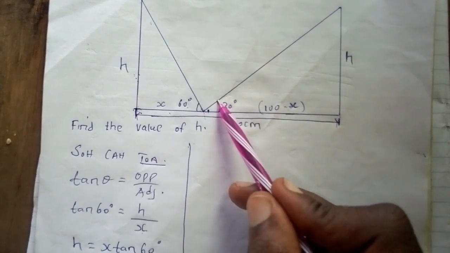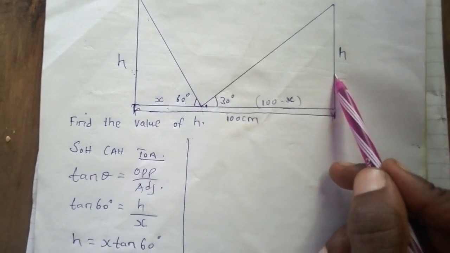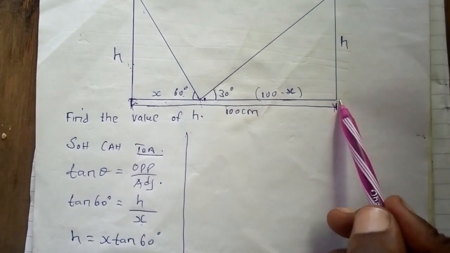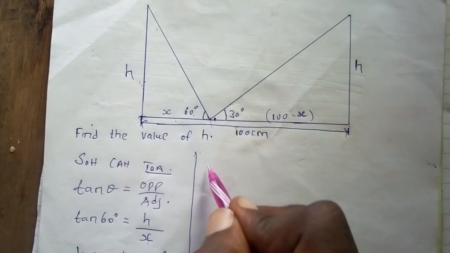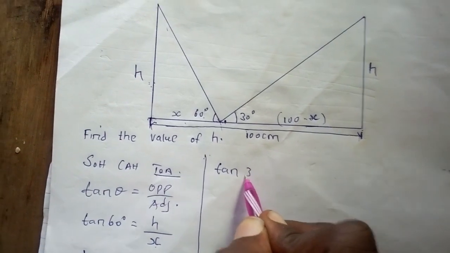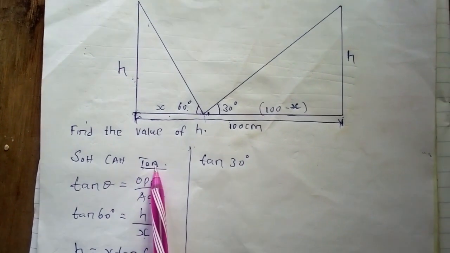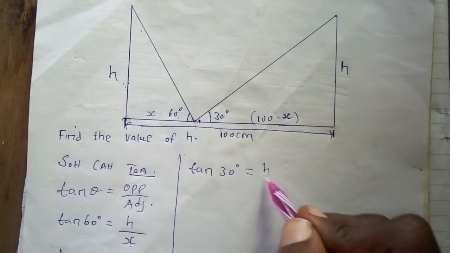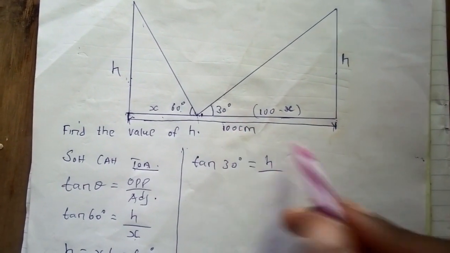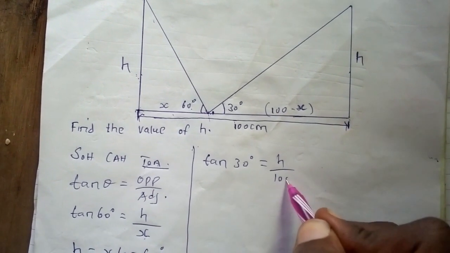Again, here we have this angle, and the opposite side is the height, and we have the adjacent side as 100 minus x. So tan 30 degrees, we use opposite divided by adjacent, which is the height divided by 100 minus x.